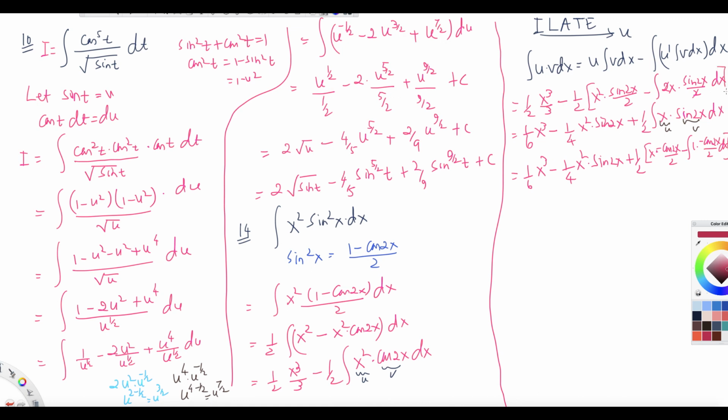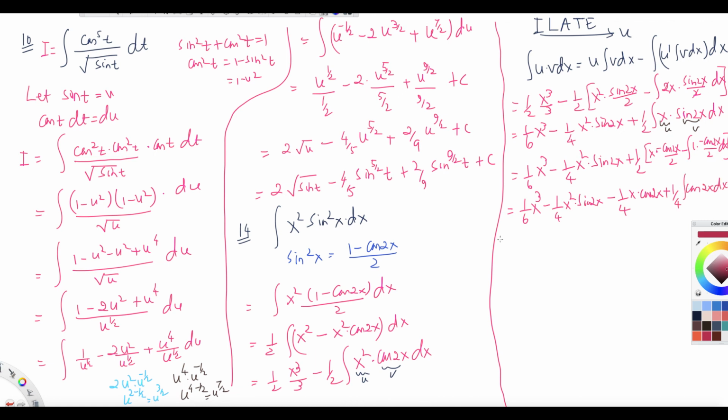Okay guys, there is also a closing parenthesis. Now that will be 1/6 x cubed minus 1/4 x squared times sine 2x minus 1/4 x times cosine of 2x, because I'm just distributing this 1/2. Okay, and then minus is plus, so plus 1/4 integral of cosine 2x dx.